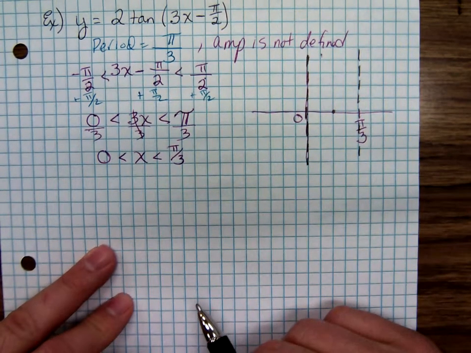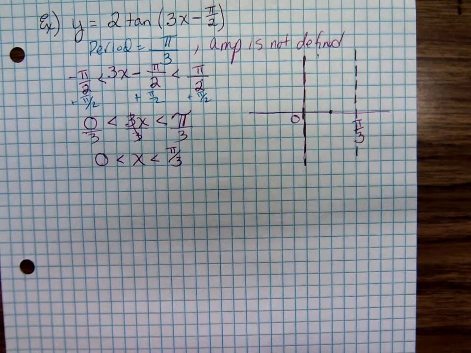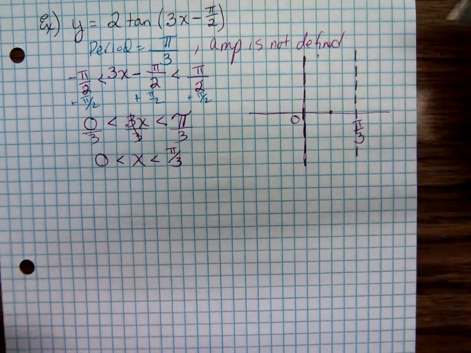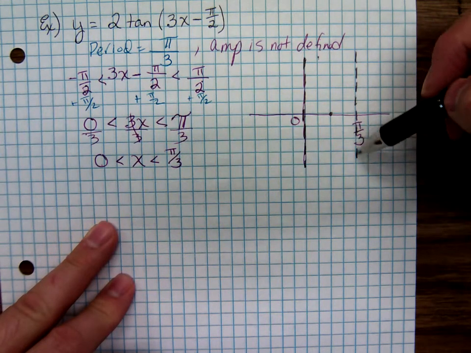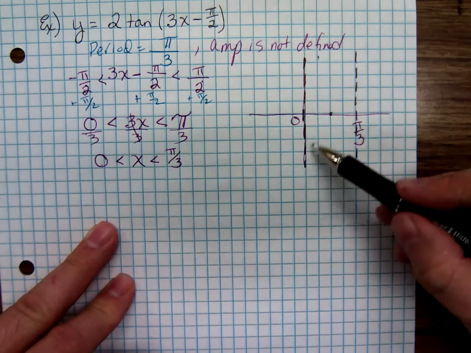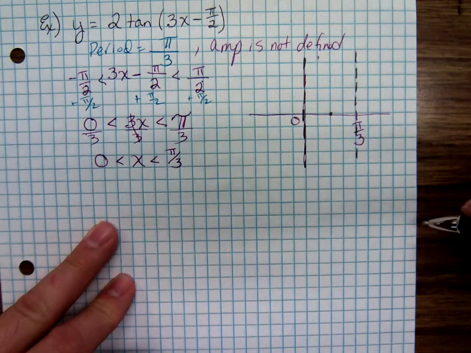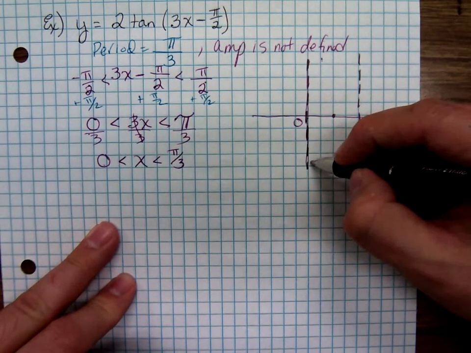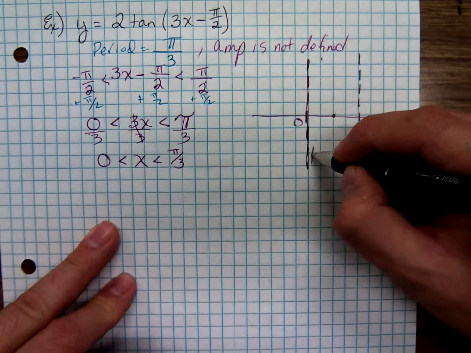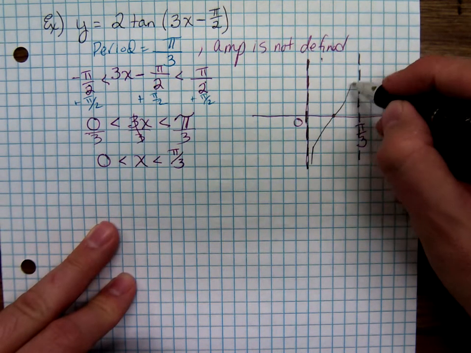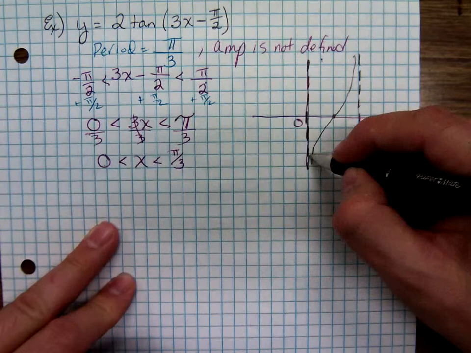So I'm thinking, okay, watch my pen, it's going to do one of these. It either goes down when you look from left to right, or up. Which one? Up. So I'm going to draw it, not really worrying about that 2 yet. Something like that. There's just a rough sketch.